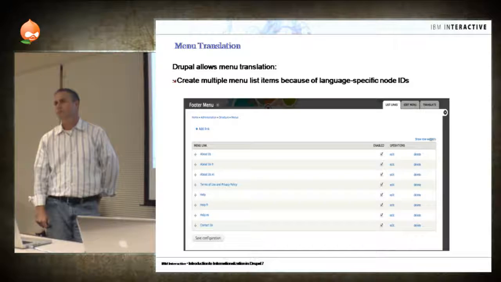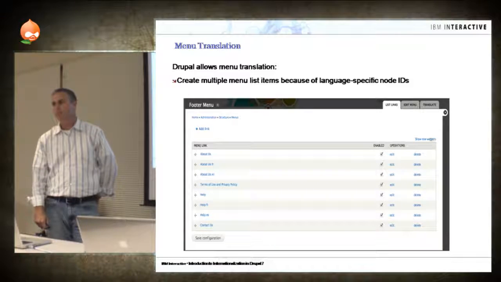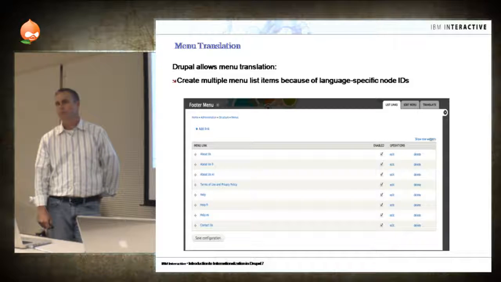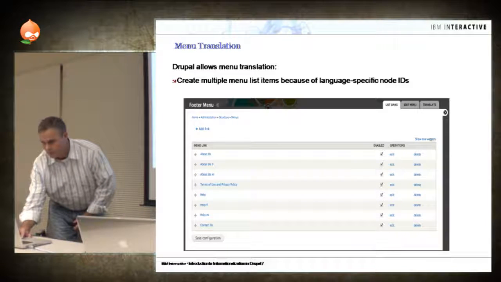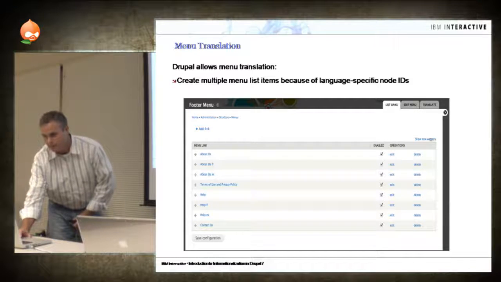Well, in 6, if I recall, when you click the menu item, you can select the language and show it. Right, so this is how you match them, because otherwise they're just items. Drupal is not really aware at this point that you translated and put it into a different node. It's just a different menu item. I don't know about 7, but in 6, just like with blocks, you can choose to show a block in a certain language, or you can also choose the menu item to show it.